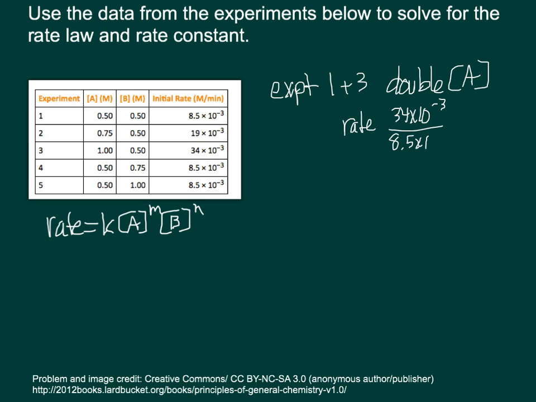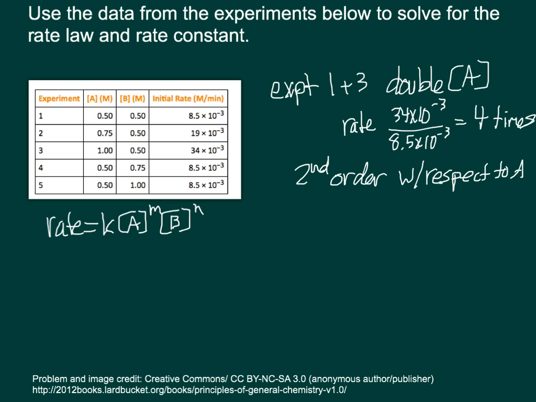That tells us that we're going to be second order with respect to A, or it's squared. So we know now that M is going to be 2, so we can write this as rate equals K times concentration of A squared.